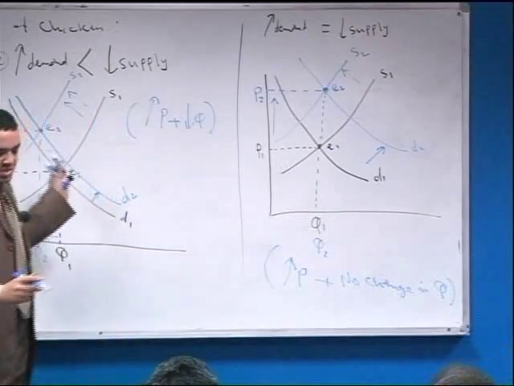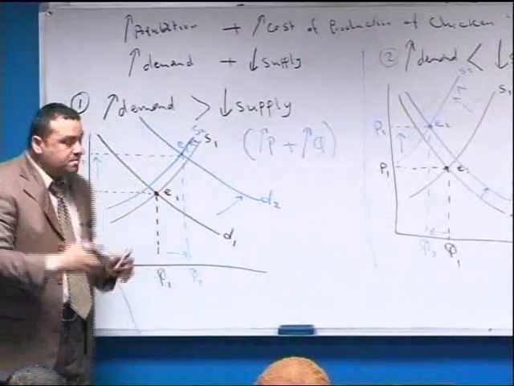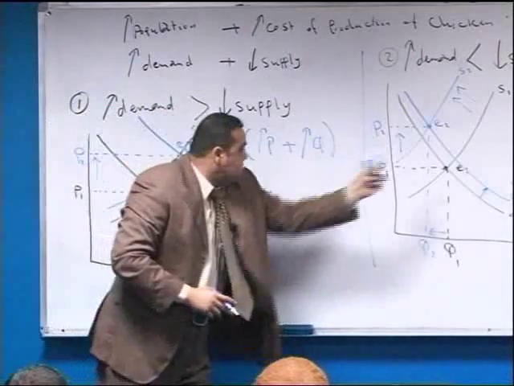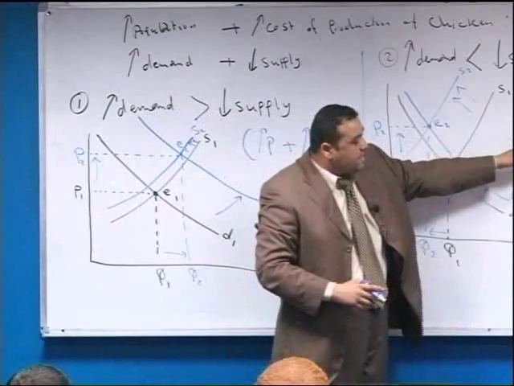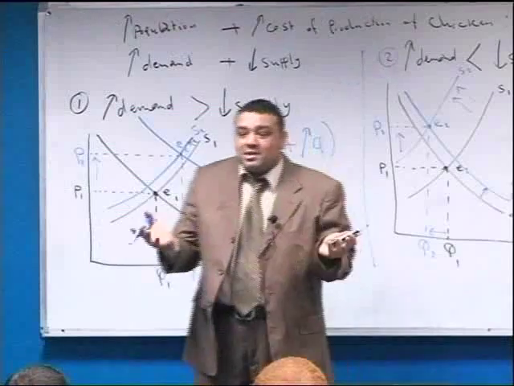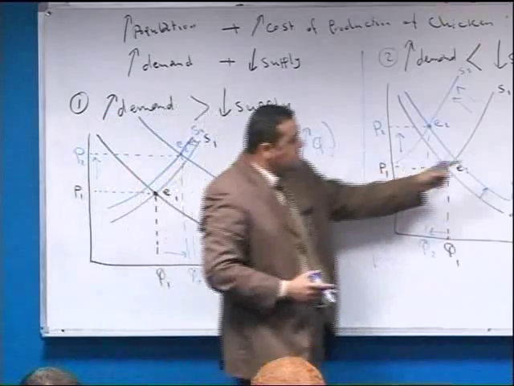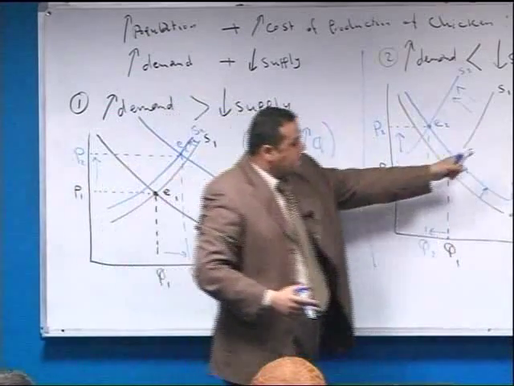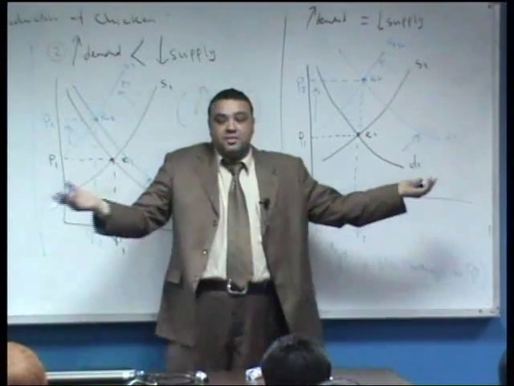So as you see, if demand increases and supply declines, in all cases the price increases. In the first case the price increased, in the second case the price increased, and in the last case the price increased. But the change in quantity: in the first case the quantity increased, in the second it declined, and in the last case there is no change.